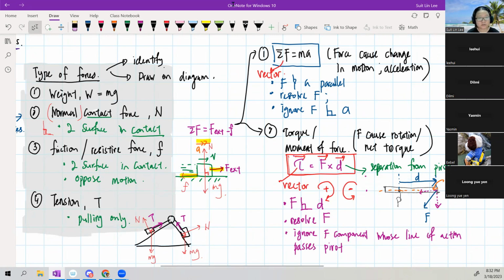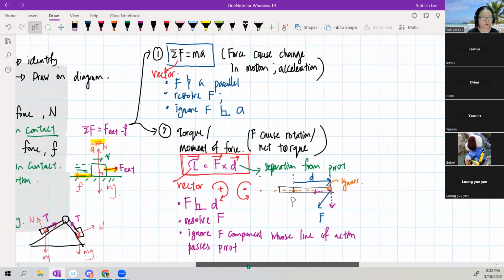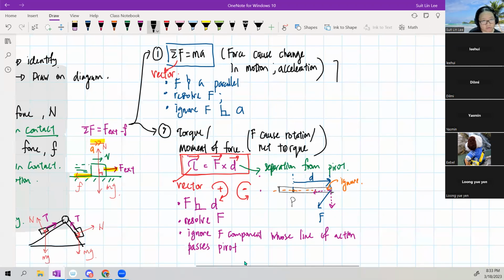So since we know force can cause change in motion and force can cause rotation, if I want a system to be in equilibrium, this will be 4.2, then it is very important for my object, or my system, to have two properties. The first one is resultant force is 0, so that the object is not accelerating.